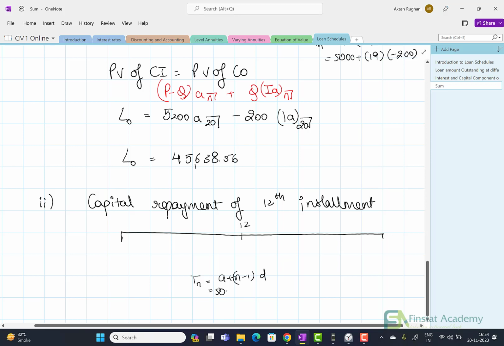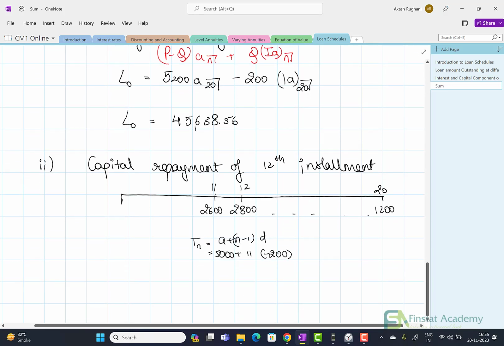A for us is 5,000, 11 into negative 200, because D is a decrease of 200, so 2,200. So this will become 2,800. The 11th installment is 2,600, and so on. The last 20th installment is 1,200. I have to find the capital component in this 12th, which is 2,800.